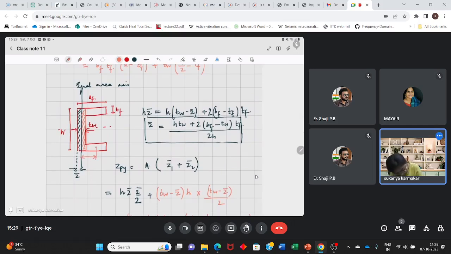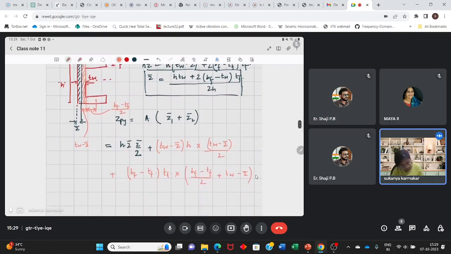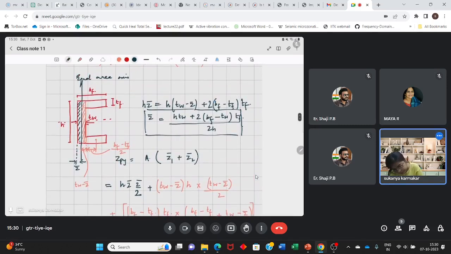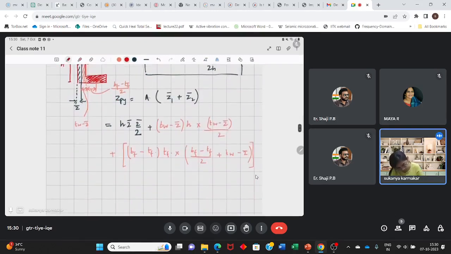You need to know this distance. So it will be this small distance plus this distance. Now this distance we already know is (TW − z bar). And this distance will be (BF − TF), the total length, by 2. This 2 I'm adding here. And since there are two rectangles here and here, it will be 2 times. This is the expression for ZPY.